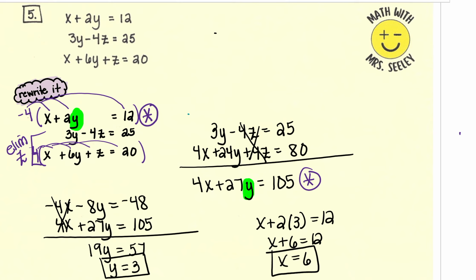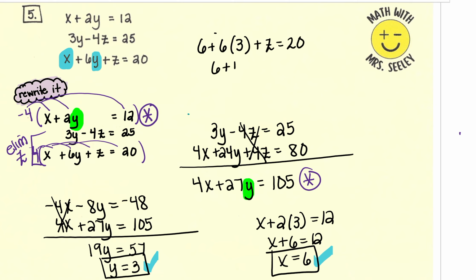Once you have two answers, take the two answers and go back to any of the originals that would allow you to solve for z. So you could put the y here to get z, or we could go to the bottom equation. So I'm going to put the 6 and the 3 in. I'm going to go to that bottom equation. So I'm going to have 6 plus 6 times y, which is 3, plus z is equal to 20.